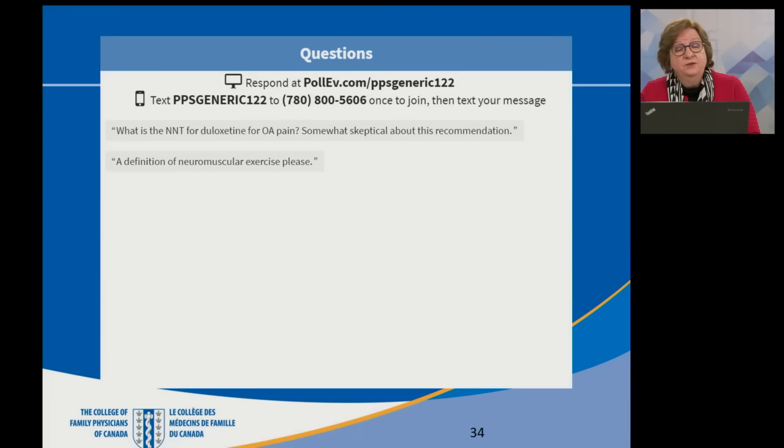What is the number needed to treat for duloxetine for OA pain? Somewhat skeptical about this recommendation. Very good question. So let me first preface that by saying that when duloxetine came into use, it was used for chronic pain syndromes. And that was really around widespread pain, pain that was constant, pain that was interfering with function.